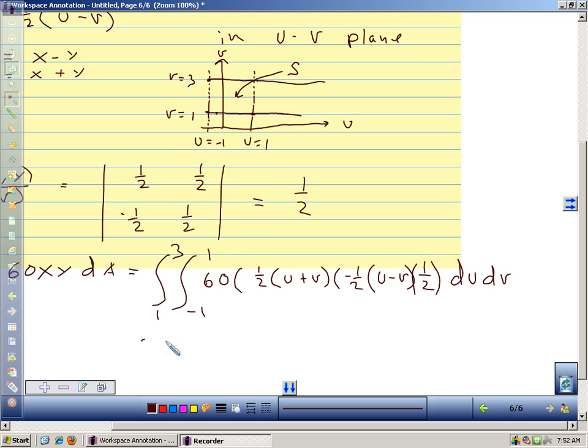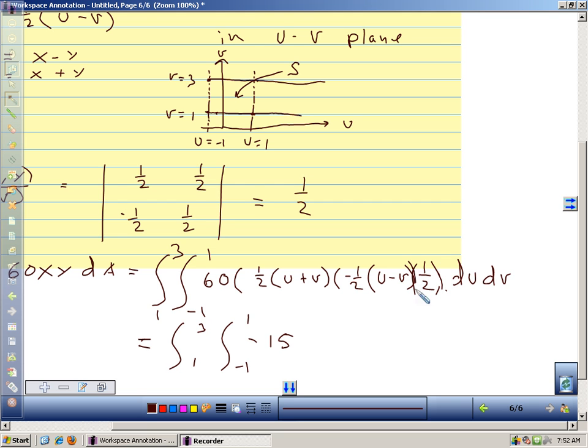And this simplifies to the integral from 1 to 3, integral from minus 1 to 1 of minus 15 times (u squared minus v squared) times 1/2 du dv. I think I need one more parenthesis here. Yes, before the 1/2, because the x and y are together but the 1/2 is not in there.